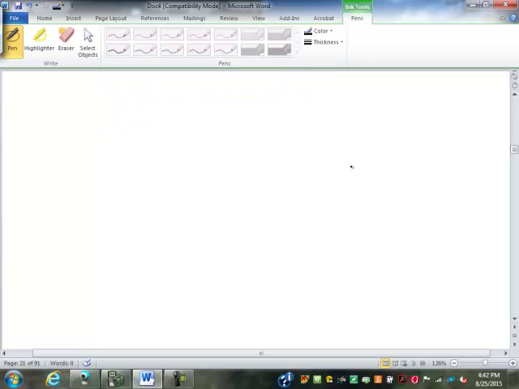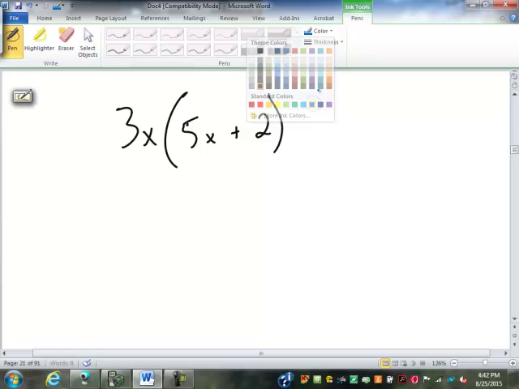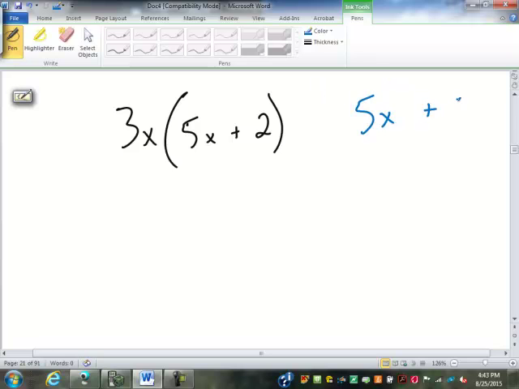Well, we can change it up just a little bit to have something like this. We can still set this up as a long multiplication. Do I have to slide that 3x over or anything?